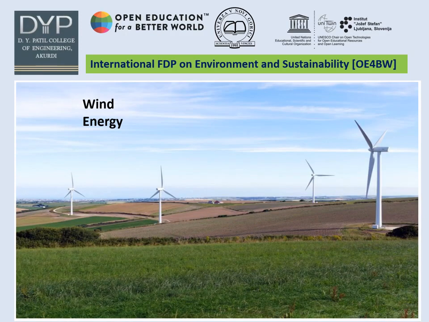Next, we are going to look at the wind energy source. Wind power can be used to generate electricity for your home using commercially available wind turbines specially designed for domestic use.